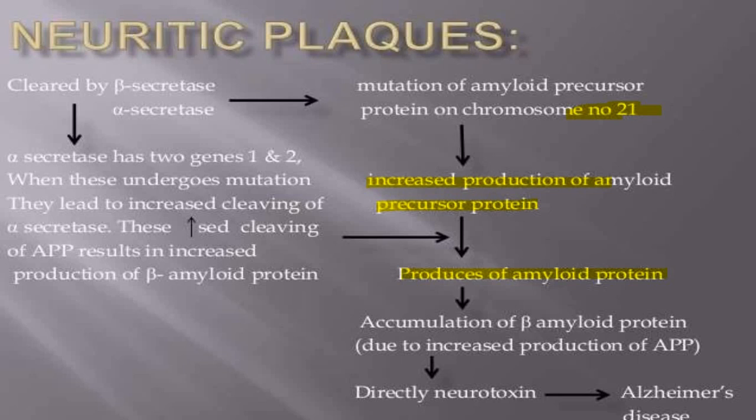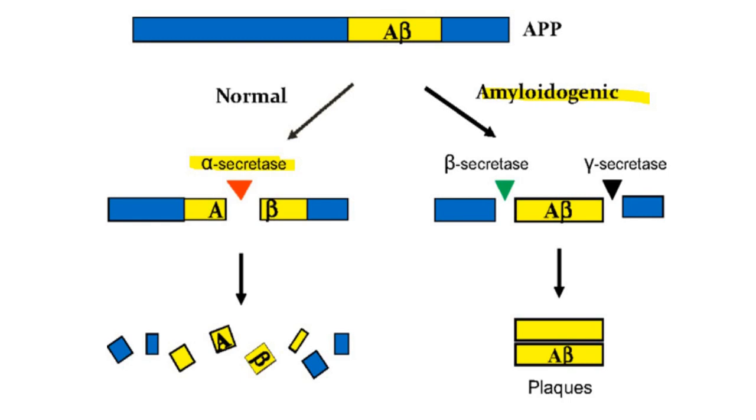More amyloid protein, more accumulation of precursor, and this precursor can be directly neurotoxic, and it can lead to Alzheimer's disease. Under normal circumstances, the alpha secretase, as I showed, will cleave this particular APP so that the plaques are not formed. However, under pathophysiological condition, instead of alpha secretase, you have beta secretase and gamma secretase that will lead to more and more deposition of beta amyloid plaque.